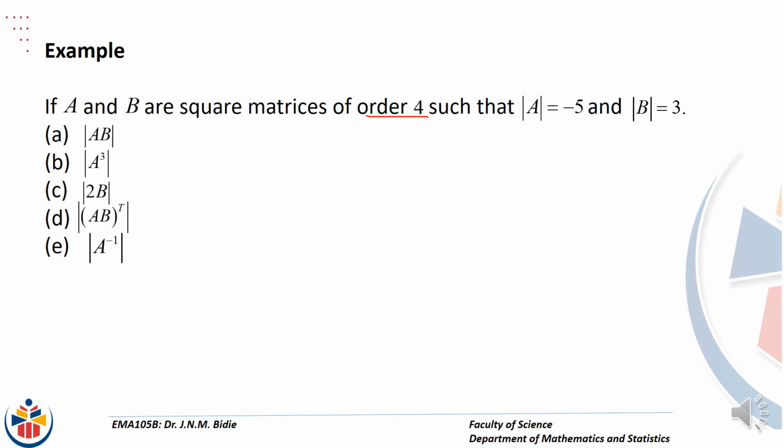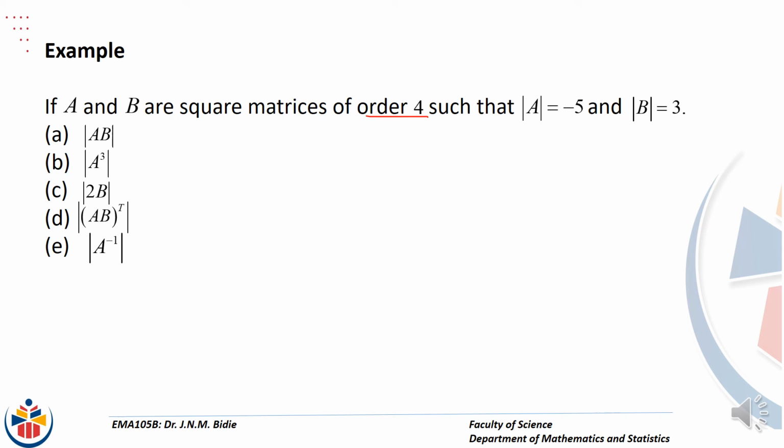Now the determinant of D brings in the property of the transpose. So we have here the determinant of AB transpose. It means that first things first, you start within that determinant, removing the bracket. We have the determinant of B transpose A transpose, which is equal to the determinant of B transpose times the determinant of A transpose.